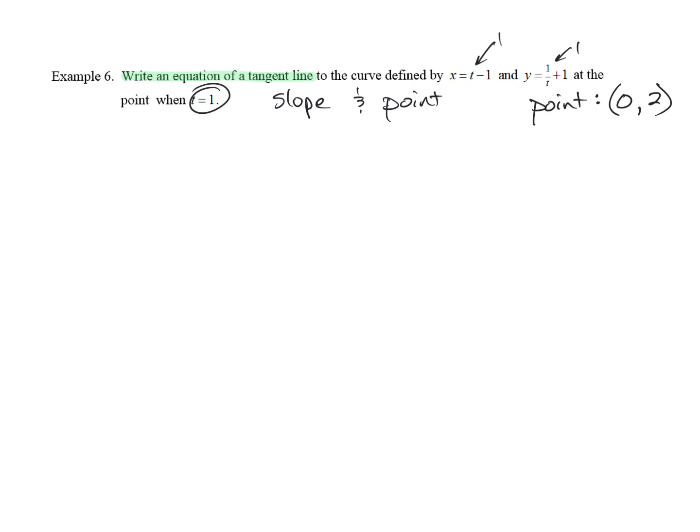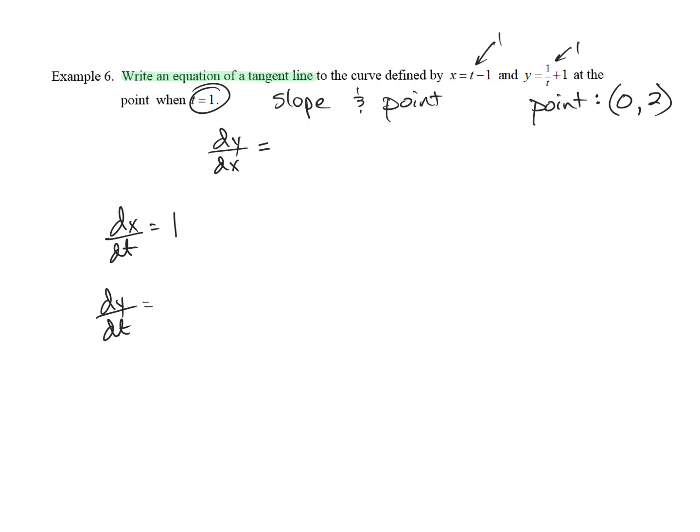Now to get the slope, isn't that just dy dx? The slope is just dy dx, so we are just doing our derivative there. We've got to do dx dt and dy dt, and then put dy dt over dx dt, and we'll have an equation for our slope. Okay, so let's see. The derivative of the x is just 1, right?